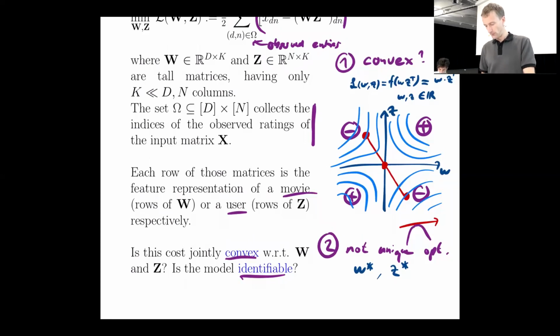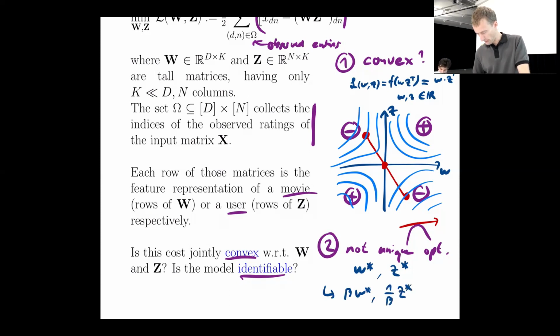If someone gives you this solution, then minus is also a solution. That's one trick you can very easily do. It's not very useful, right? But it tells you that yes, there's no unique optimum. And a bit more generally, you can take any scalar, any beta times W, and then you just multiply the Z by the inverse of this scalar number, 1 over beta.